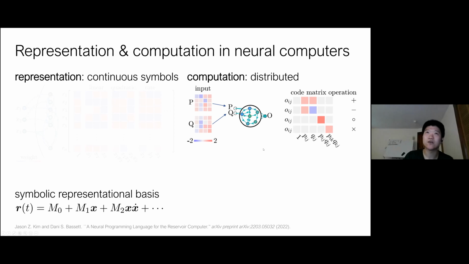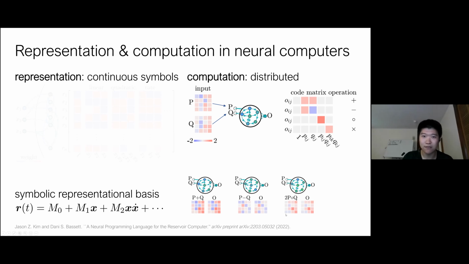And so when we program our output matrix W to give us these outputs, and then we drive our neural network with two randomly initialized matrices P and Q, the output indeed matches P plus Q, P minus Q, P element-wise multiplied by Q, and then P matrix multiplied by Q.